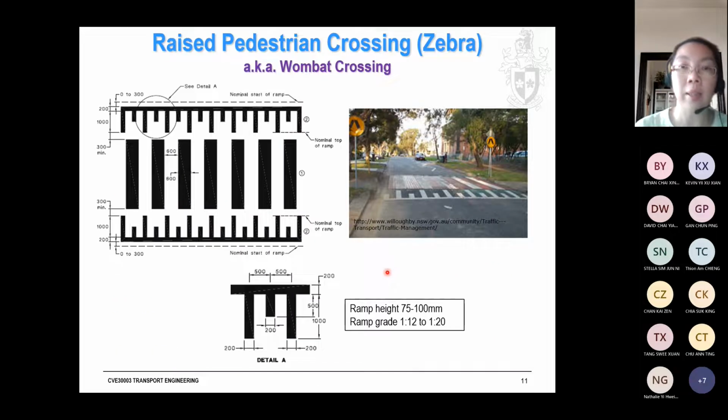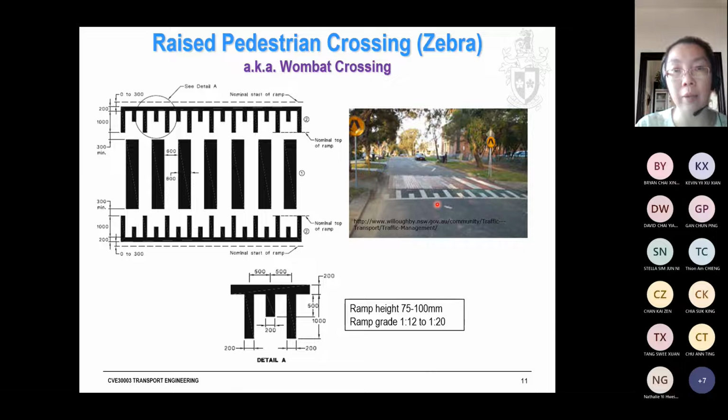Now, a second treatment, a modification of the zebra crossing, is what we call a wombat crossing. This one is a raised pedestrian crossing. If you look at this photo, the part where the pedestrians cross is higher than here, so there is a ramp going up to it. The pedestrians will have a level walkway, and because it is raised, the driver will have to slow down.